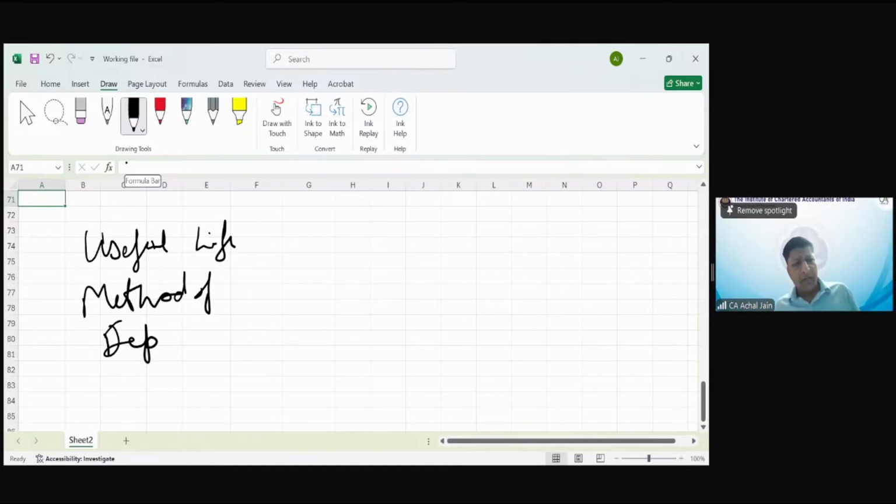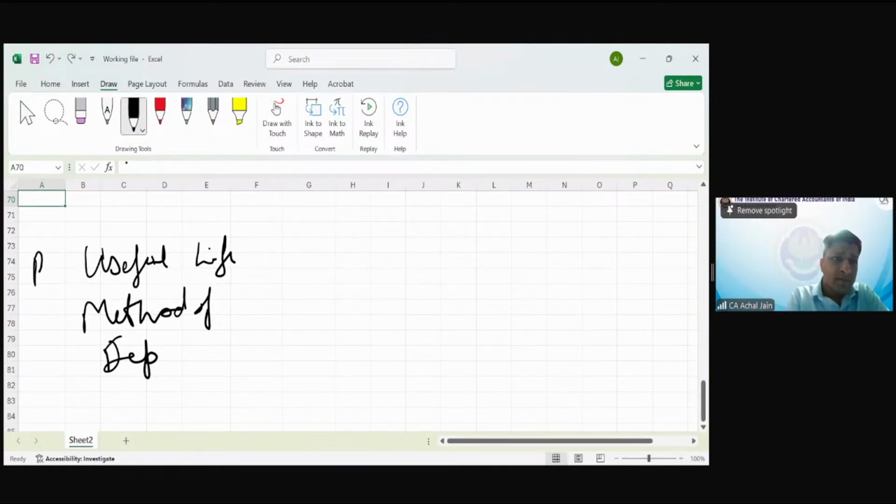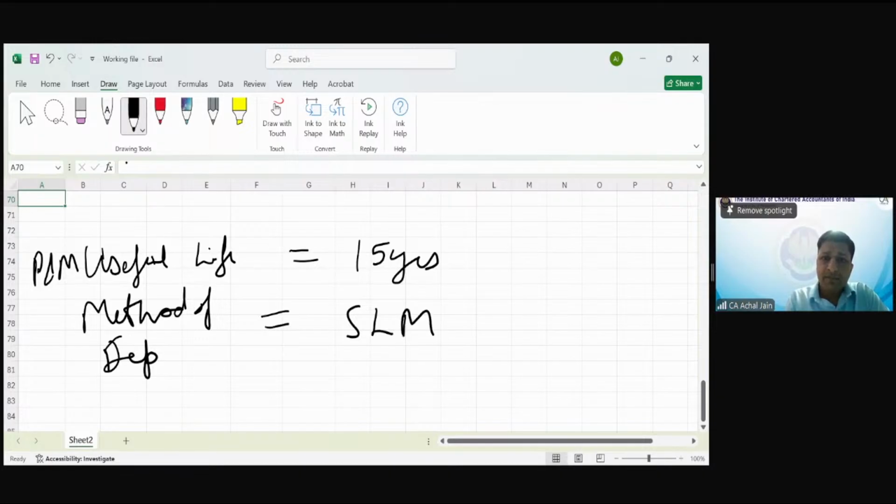Let's suppose we are talking about plant and machinery. Say the company has considered useful life of 15 years and the method of depreciation is SLM. Now both of them we understand conceptually are estimates.